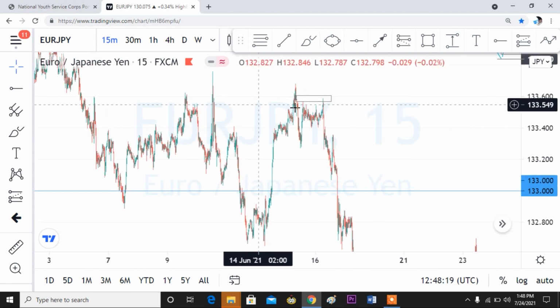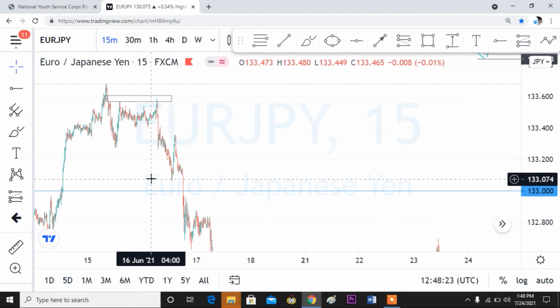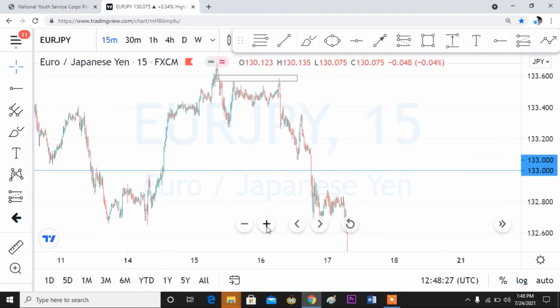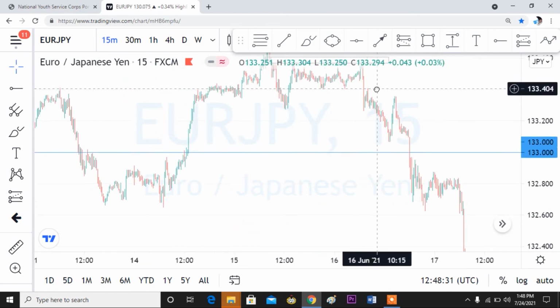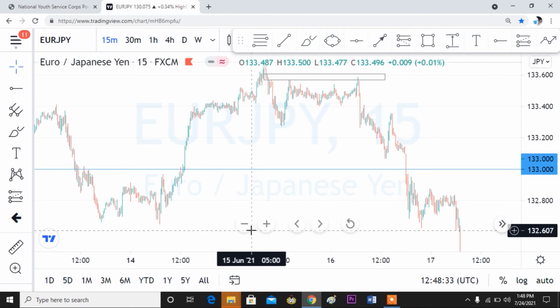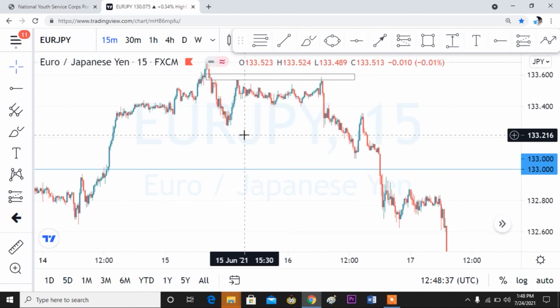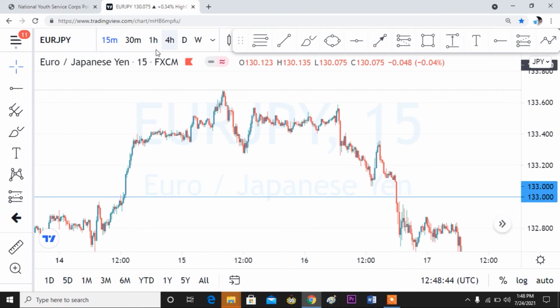This is Euro JPY, and as you can see, we are here on the Euro JPY chart. Let's see if we can actually spot the order blocks here on the chart. Here on the Euro JPY, we're actually on the 15-minute time frame.